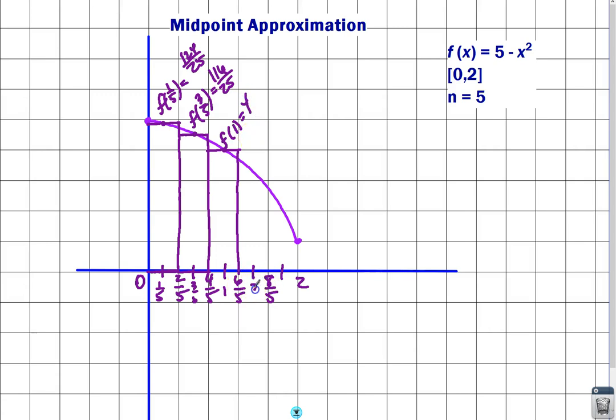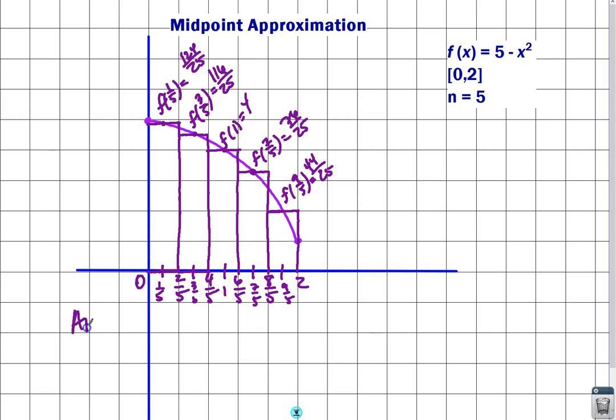In between 6/5 and 8/5 is 7/5. So this height comes from f of 7/5, right there. And then my last one, 9/5 is in between, so that height is about right there. F of 9/5. Oh, I forgot to write this one. f of 7/5 is 76/25, and this one is 44/25.